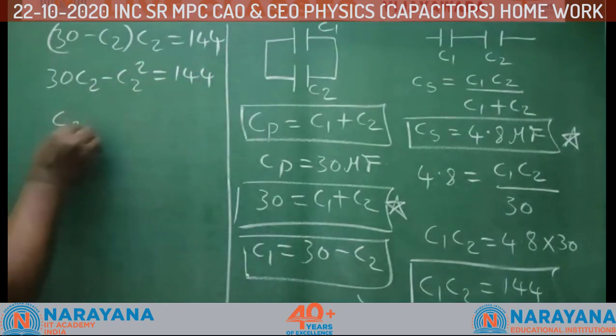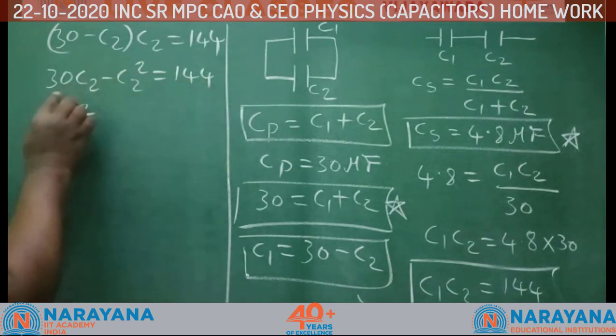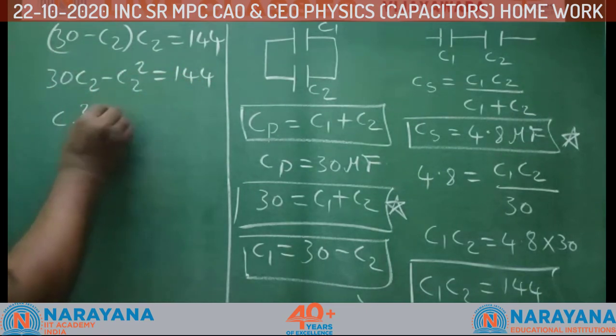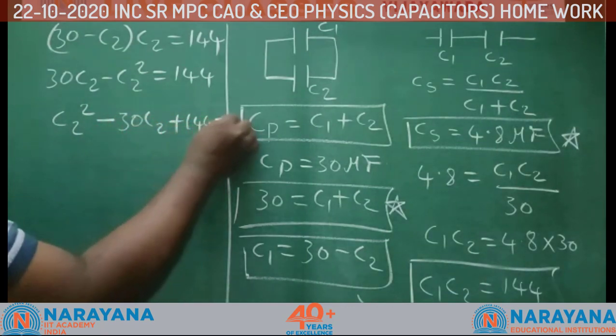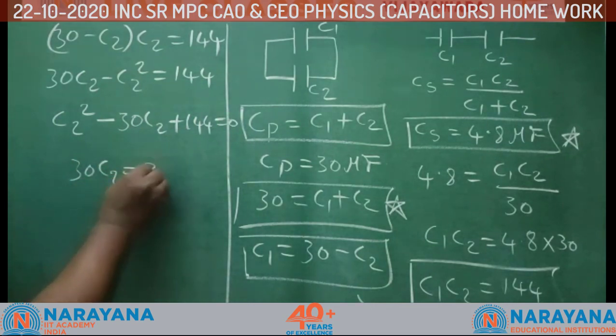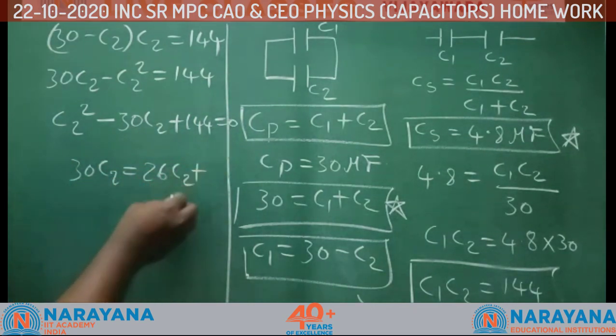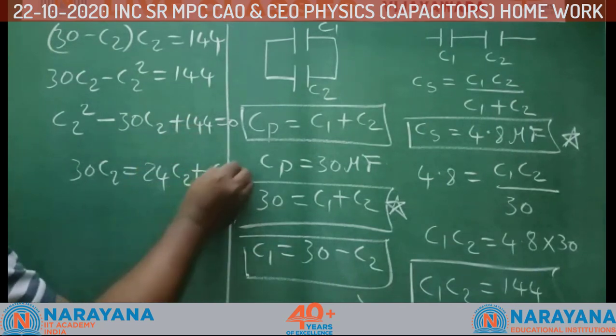Rearranging, we bring the C2 square to this side. Minus C2 square becomes plus C2 square, and plus 30 C2 becomes minus 30 C2, plus 144 is equal to 0. And this 30 C2 can be written as 24 C2 plus 6 C2.